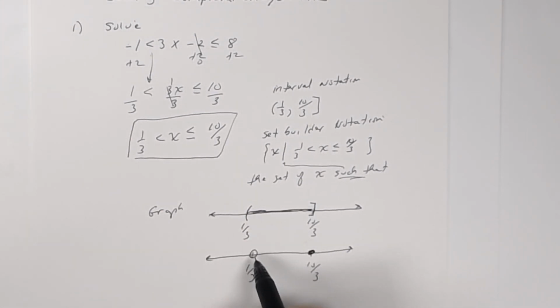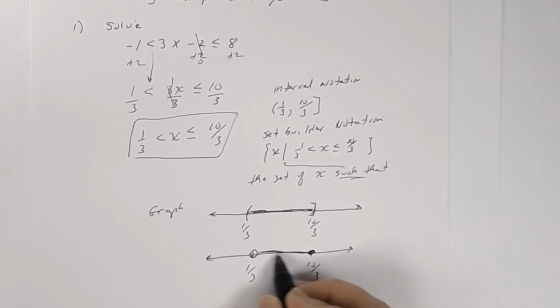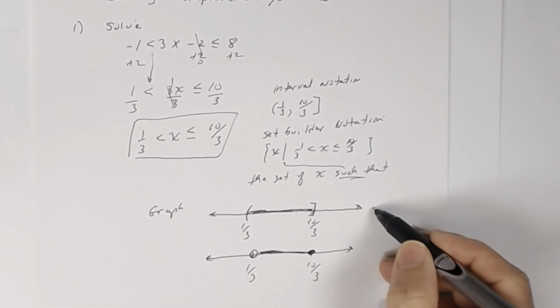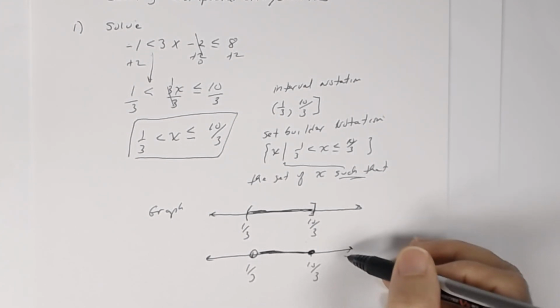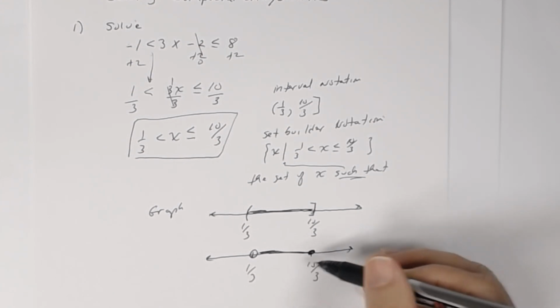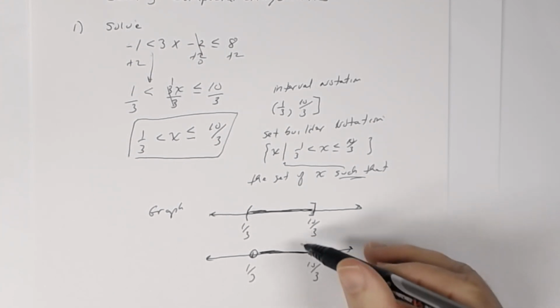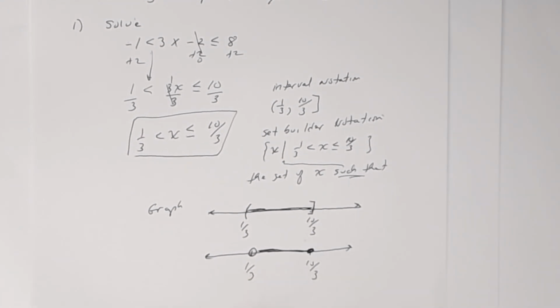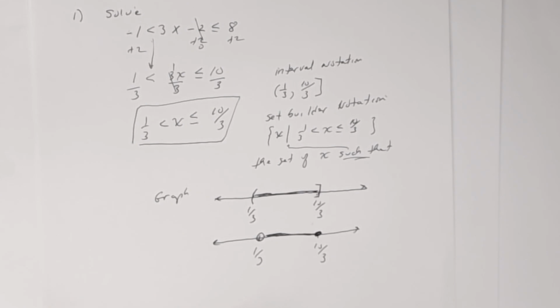So a parenthesis corresponds to an open circle, a bracket corresponds to a closed circle, and then you shade in everything between them. But on MyMathLab you're going to see parentheses and brackets. Depending on the textbook, you could see open circles and closed circles. That idea is going to be important when we talk about functions later on as well.